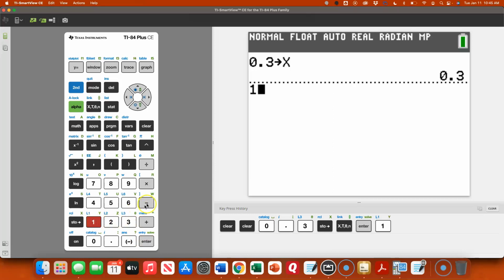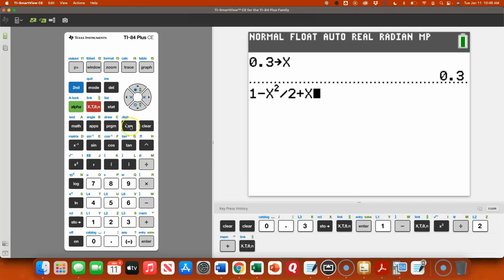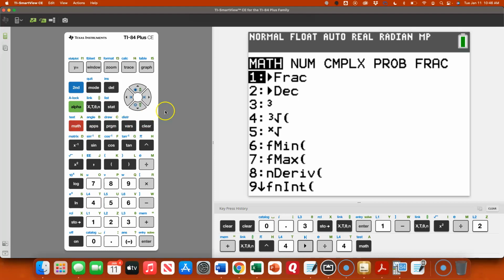So 1 minus x squared over 2 plus x to the 4th. When these numbers start getting kind of big, it can be a pain. I mean, 4 times 3 times 2 isn't that hard to work out, but your calculator actually does have a factorial. It's hidden under the math button. If you click on math, you have to go over to probability on the top.